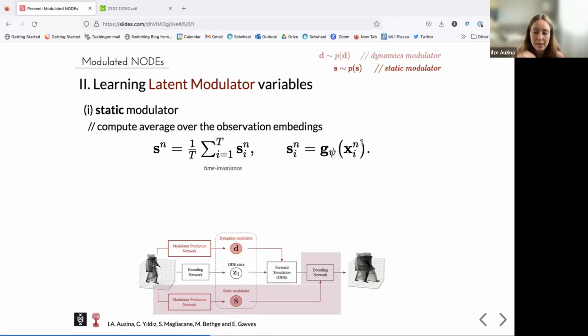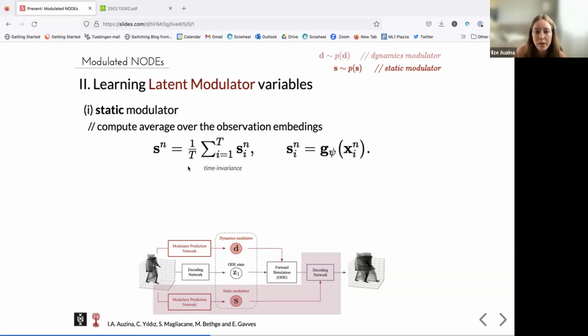Here, n means a given trajectory, and i means the temporal point. You might have T of these sequences of the nth trajectory, and g is some encoding network with psi parameters. You can imagine this could be a convolutional neural network, and you just pass your input in data space through it and obtain this latent embedding.